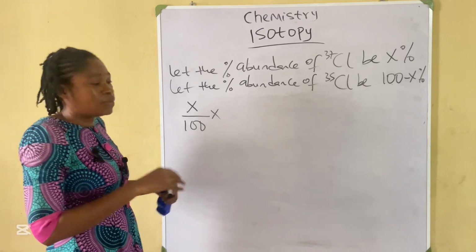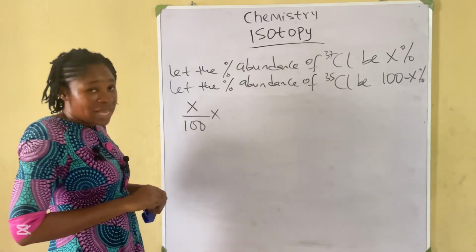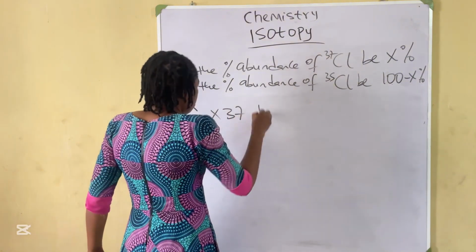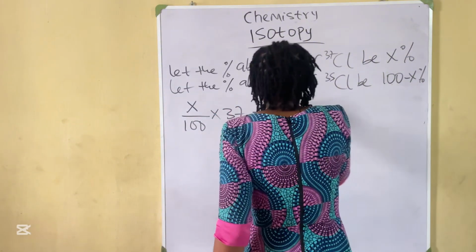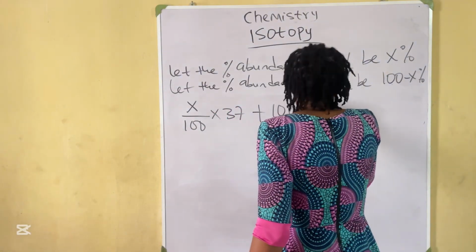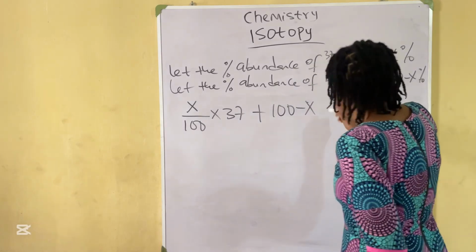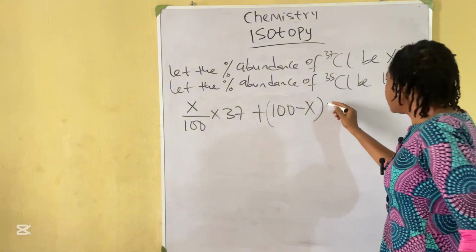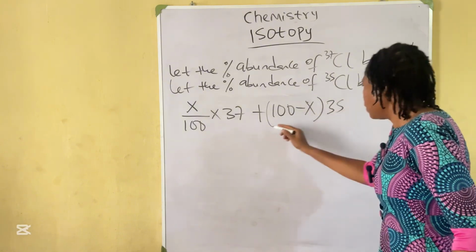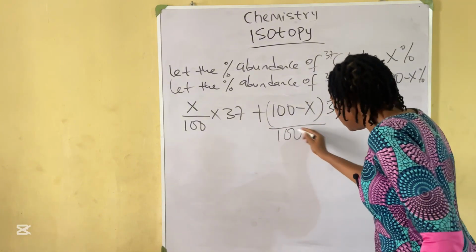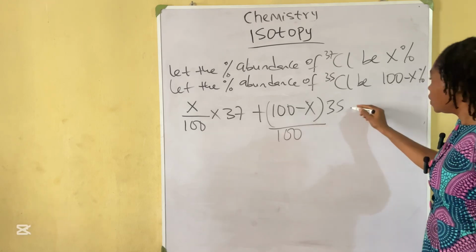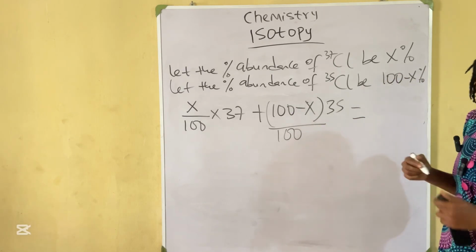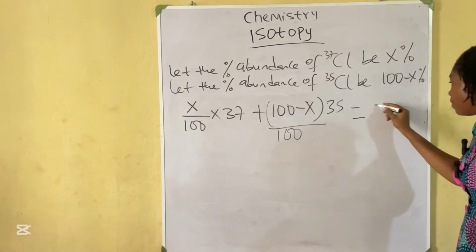So the same we're going to do to get what is our X. X times 37 plus (100 minus X) times the mass number 35, enclosed in brackets because it's times the mass number, divided by 100 to remove percentage, equals what? What's the relative atomic mass of chlorine? It's given in the equation as 35.5.